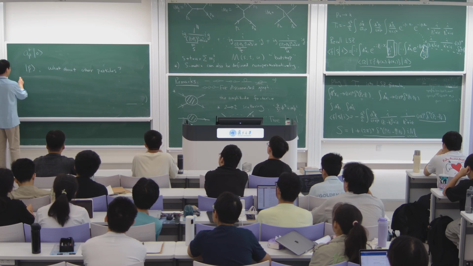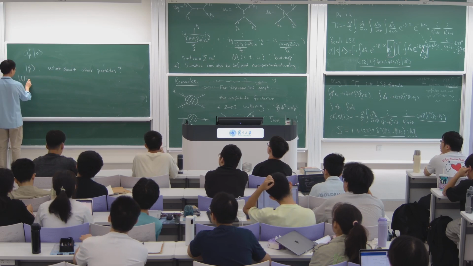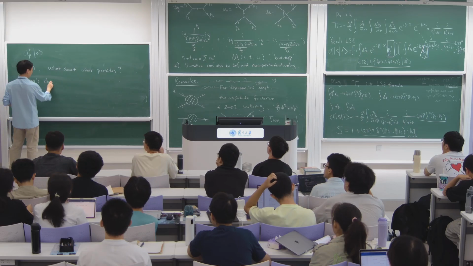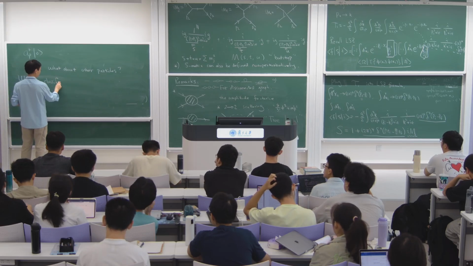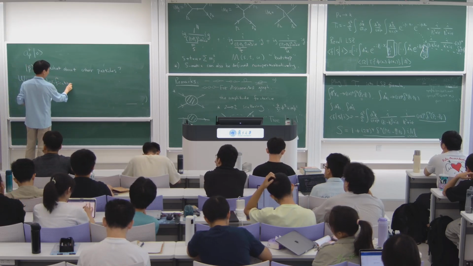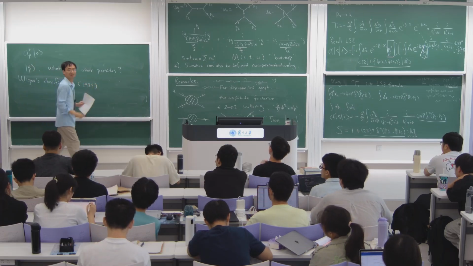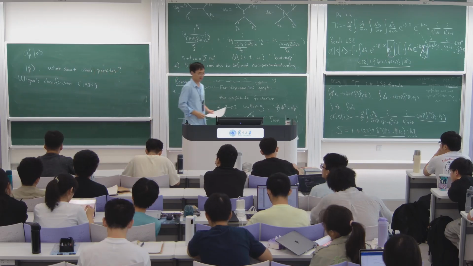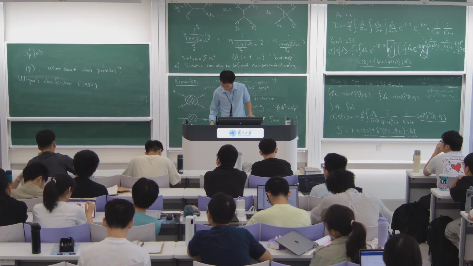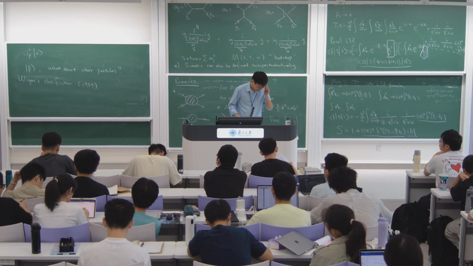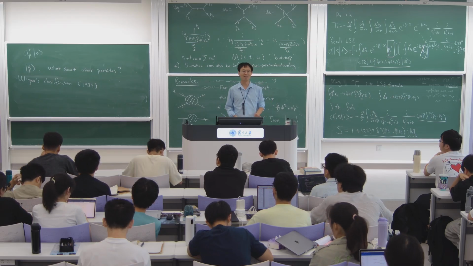This is the so-called Wigner classification. You might hear about this. This famously was already classified by Wigner in 1939. We're not going to prove it, it takes time.